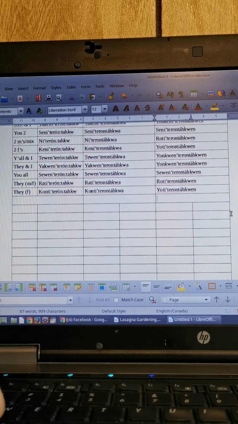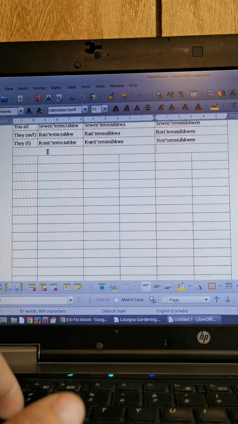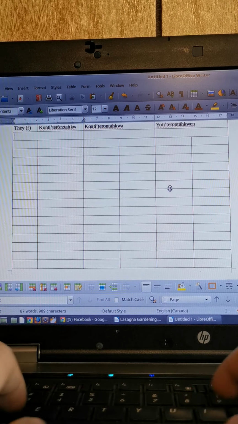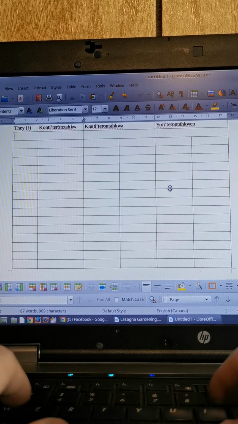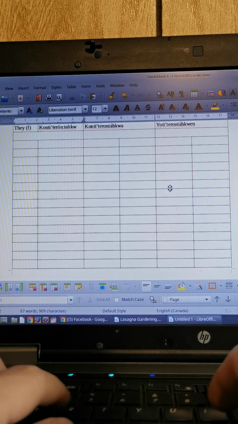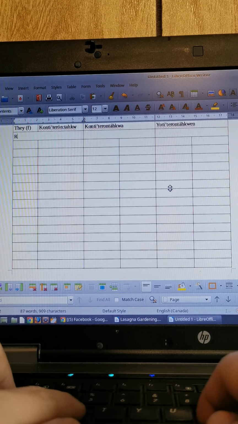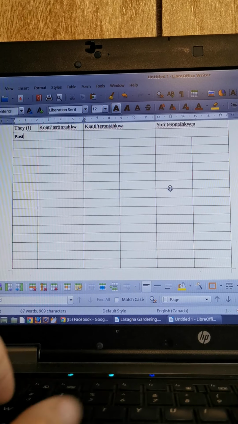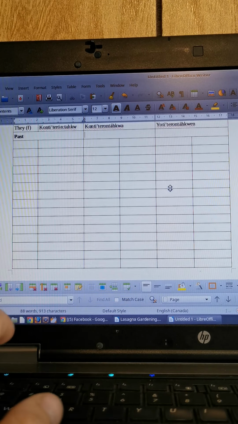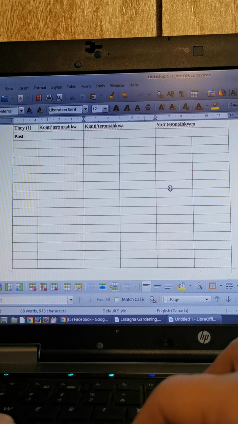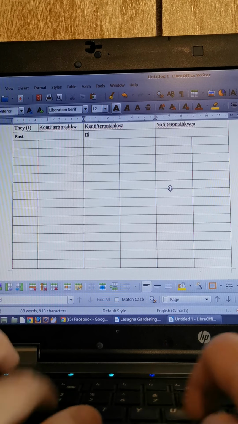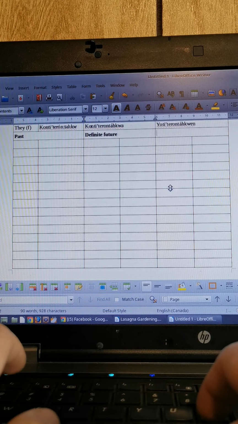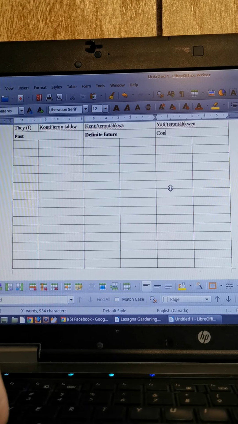Three lists. So the first one that we're going to do here is going to be past, active past, or recent past, depending on which grammarian you're speaking to. So past, definite future, and conditional future.